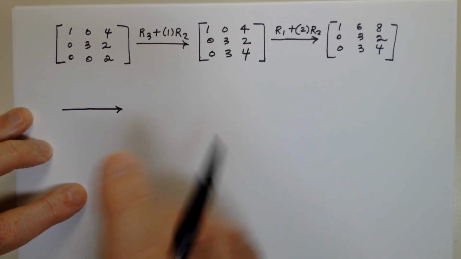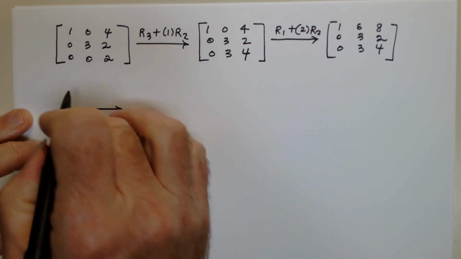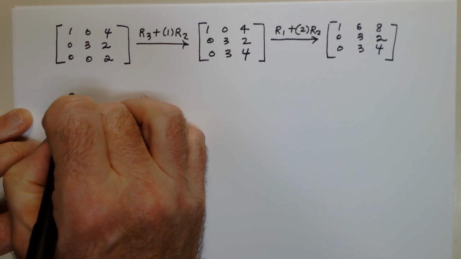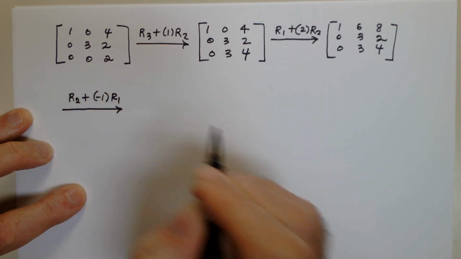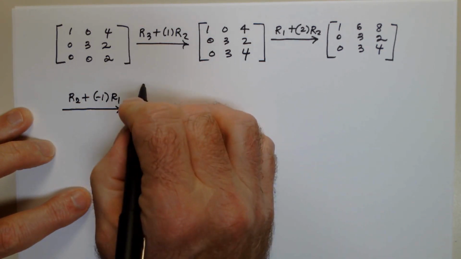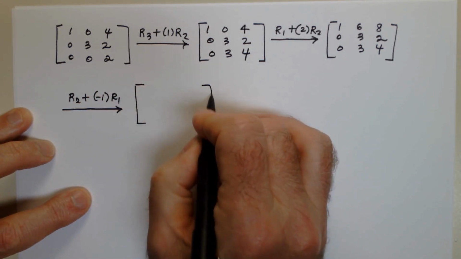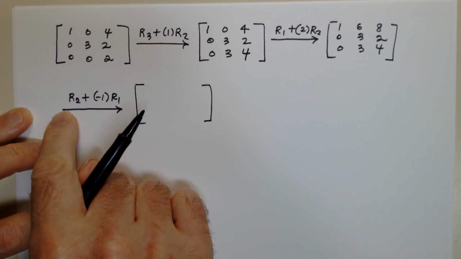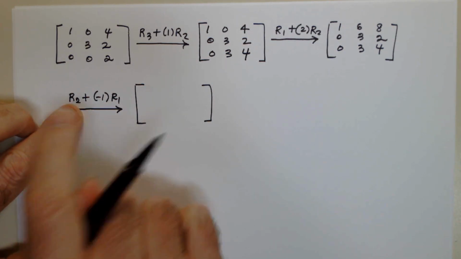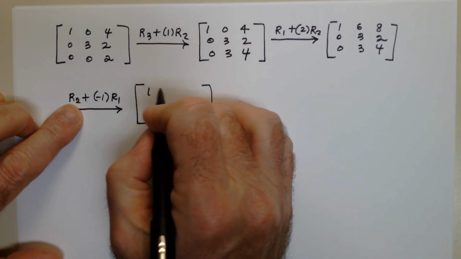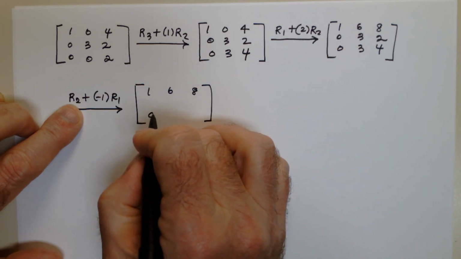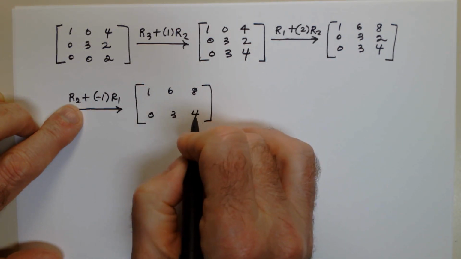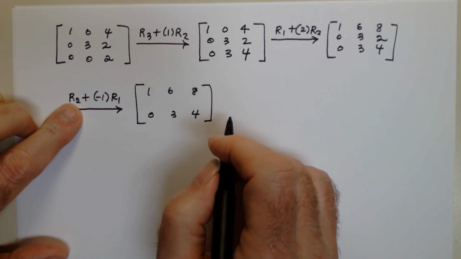We have to do another type 3 operation. This one is going to be row 2 plus minus 1 times row 1. Okay, so row 2 is the one that's being changed. So row 1 is unchanged, 1, 6, 8. And row 3 is unchanged, 0, 3, 4. Now row 2 is being affected by row 1.